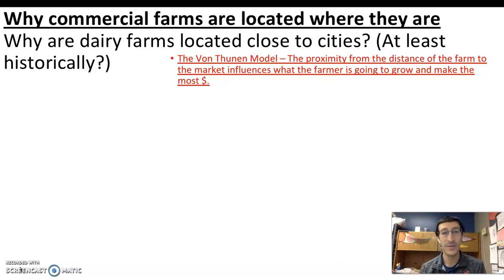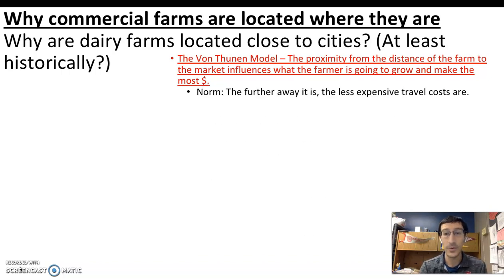So based on where that farmer is in comparison to where they're selling it, whether that's a city, a town, market, business, whatever, that might produce animal feed or might be a slaughterhouse or processing plant, whatever, the farmer is going to decide what they're going to grow, what they're going to raise based on those factors. All right. So the further away it is, the more expensive the travel costs are going to be. And also the longer it has to wait until it gets turned into some sort of food or be sold and still be healthy.